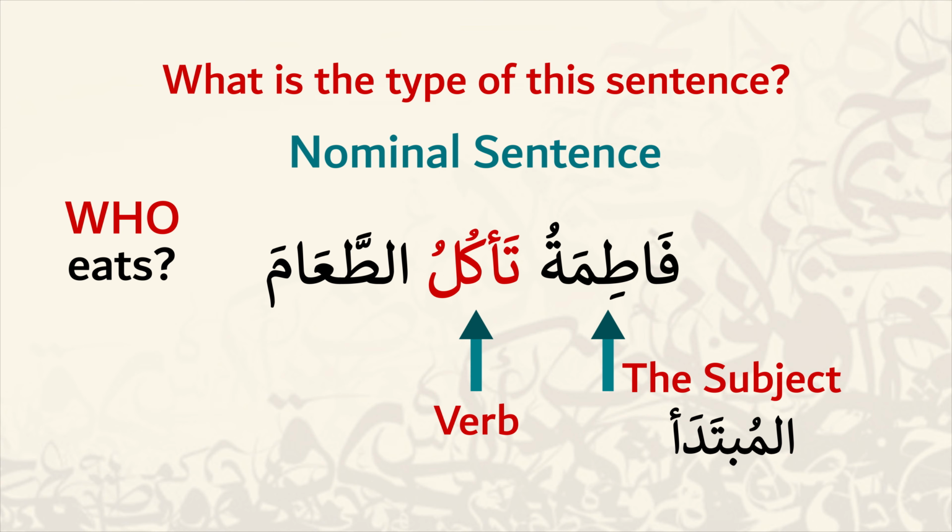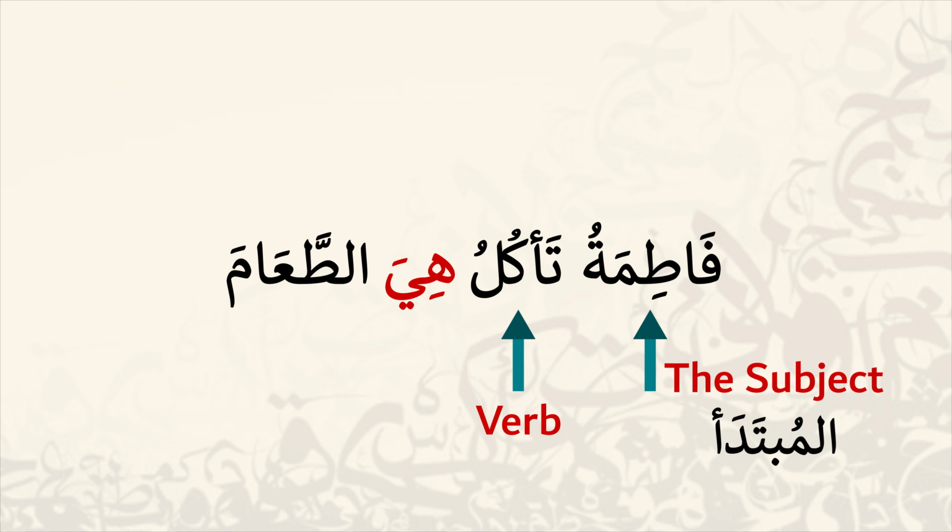And the second reason is the subject of a verbal sentence must come after the verb, not before. So the noun Fatima cannot be the subject الفاعل. This gets us to the same point. Where is the subject? It is a hidden pronoun and its estimation is هي, she.